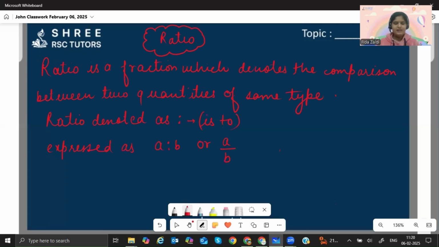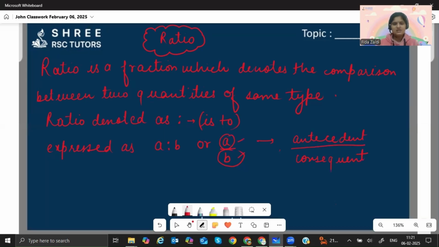Let's see what is the consequent and antecedent. Here A and B are called the terms of the ratio, and the first term A is called the antecedent, and the second term B is called the consequent.